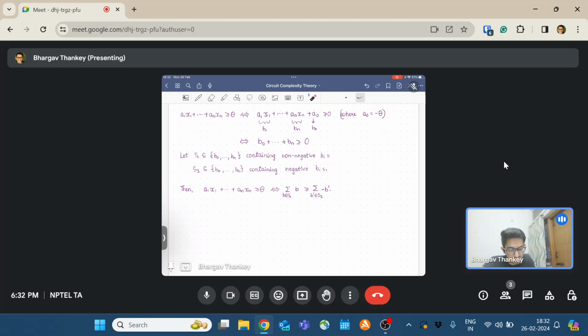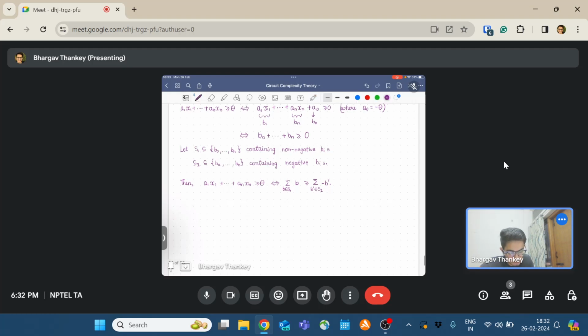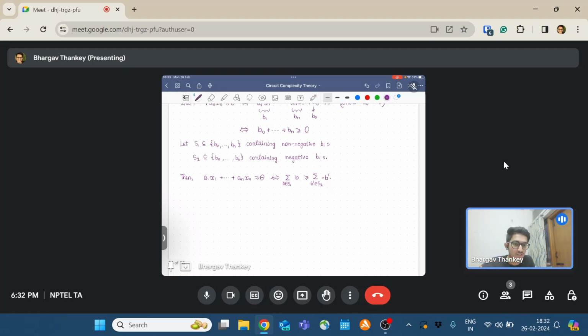Then we can move all the negative numbers to this side. So we get the sum over B in S1 and the sum over B prime in S2, but minus B prime. But minus B prime is positive, right? So now we have a positive number over here, a positive number over here, and you want to compare their sums, right? So now we don't have to worry about signs at all. Okay, so is this fine?